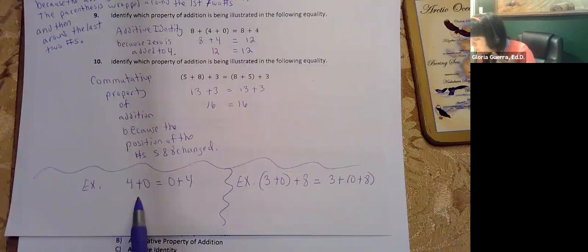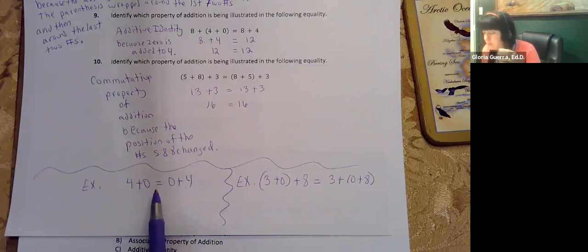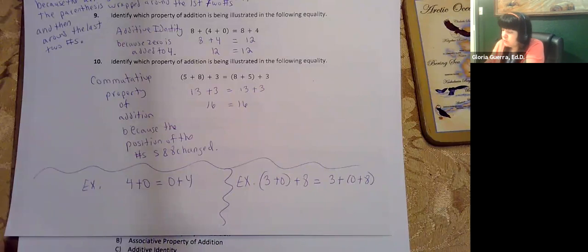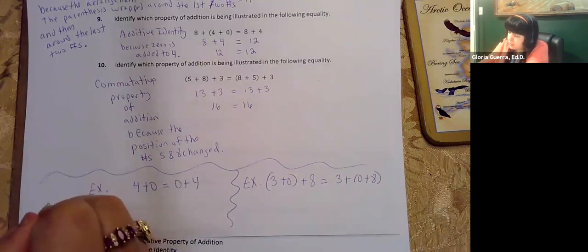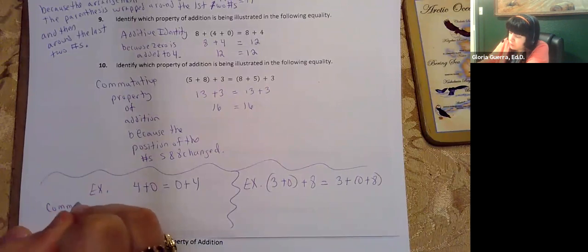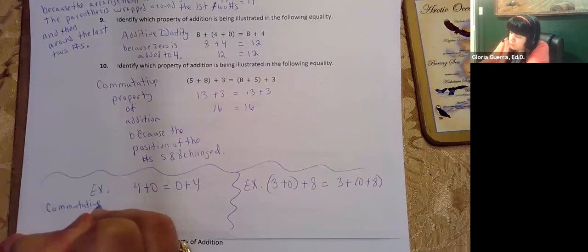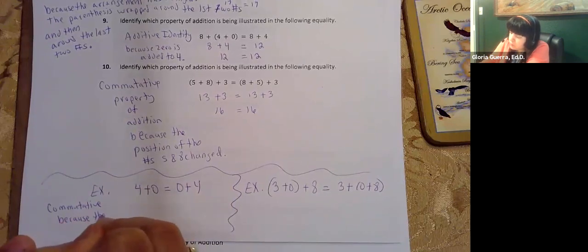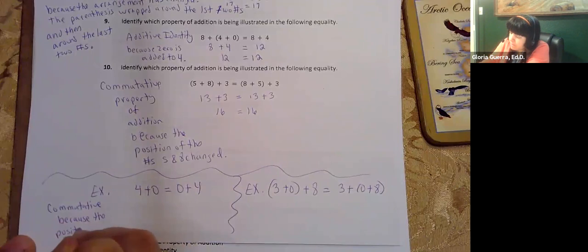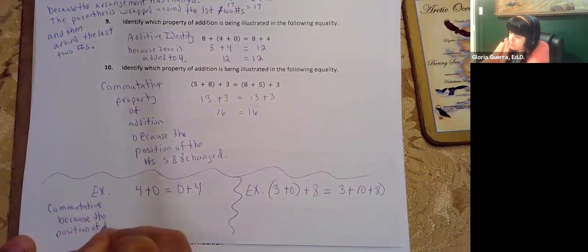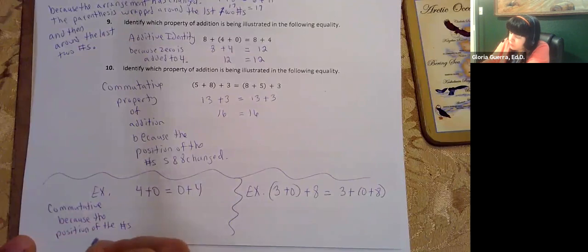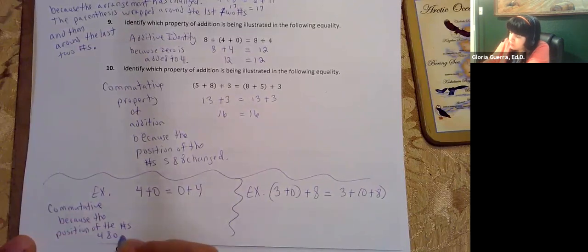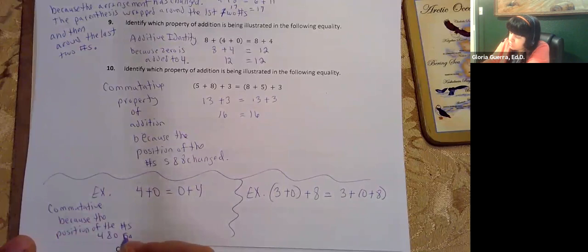So if you look at this example, 4 plus 0 equals 0 plus 4. What's happening here on the left side and the right side is that the position of the numbers have changed. So I would say this is commutative property. Commutative because the position of the numbers 4 and 0 changed.